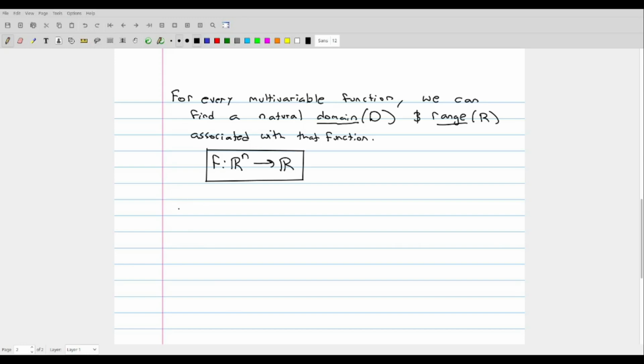So we say that the domain of a function is a set of points in n-dimensional space.